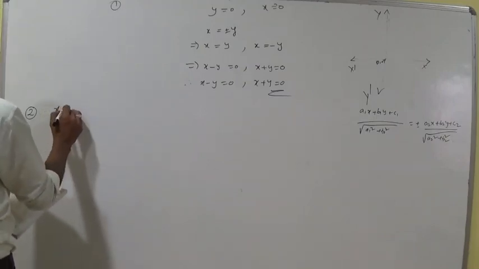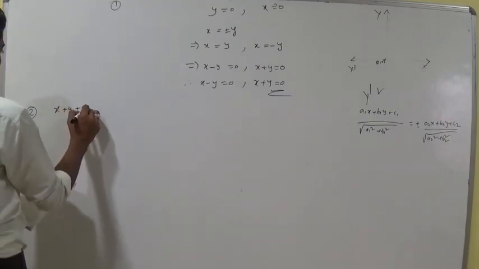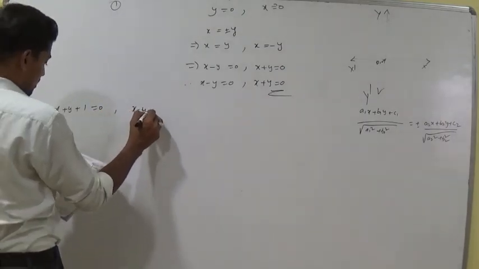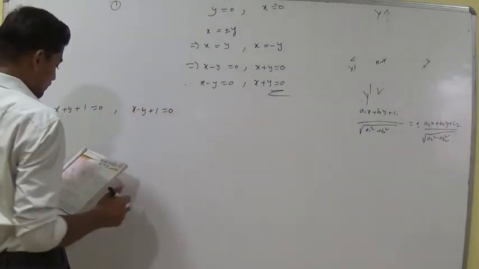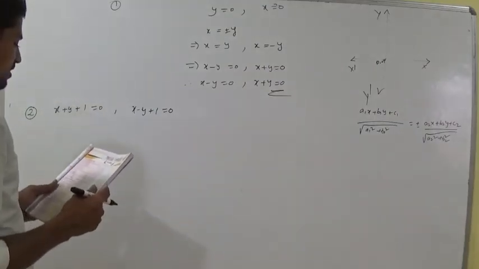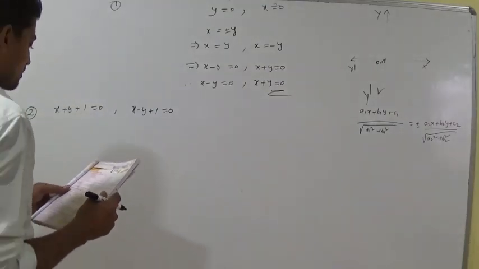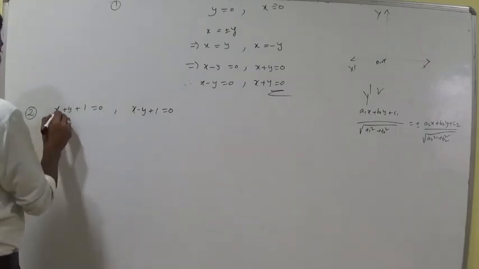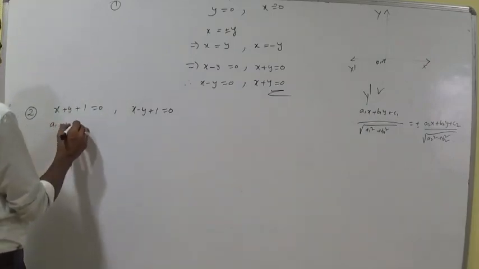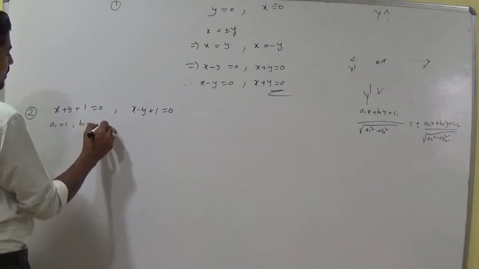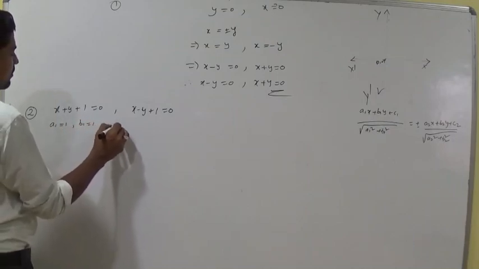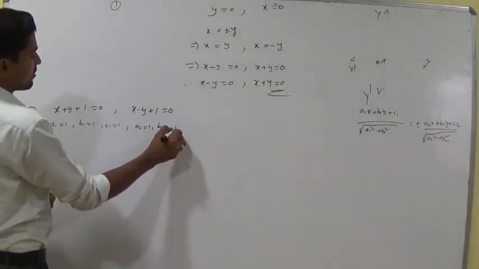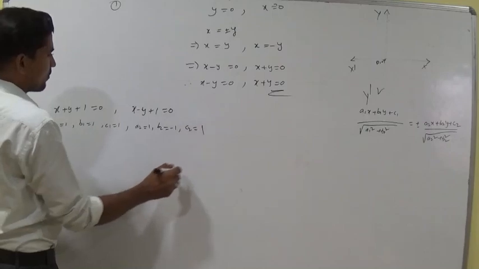Then for the angle bisectors of these lines, let us suppose that a1 is equal to 1, b1 is equal to 1, c1 is equal to 1, a2 is equal to 1, b2 is equal to minus 1, c2 is equal to 1.